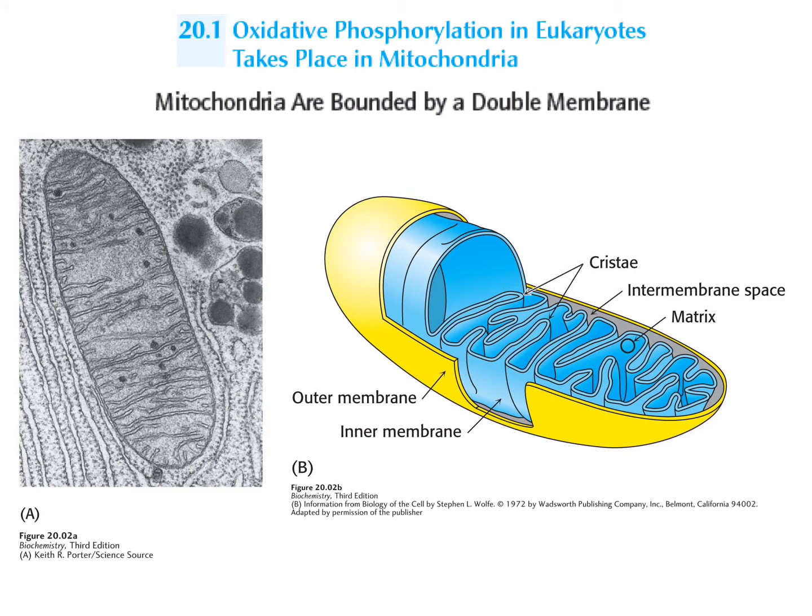This is a photo of mitochondria. You can see that the mitochondria has a double membrane. There's an outer membrane and an inner membrane. In between the outer and inner membrane is the intermembrane space. And this intermembrane space is where the proton gradient builds up for ATP synthesis.